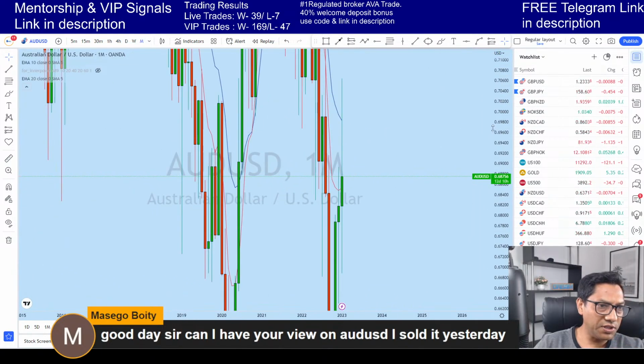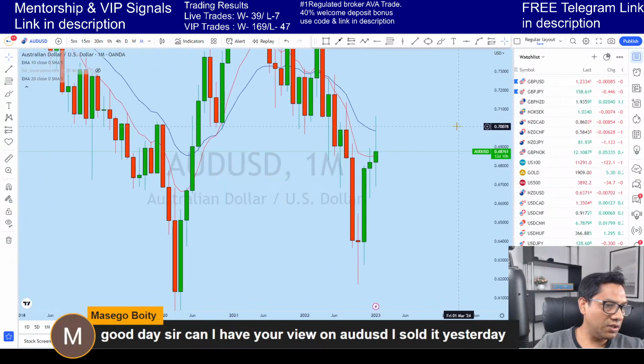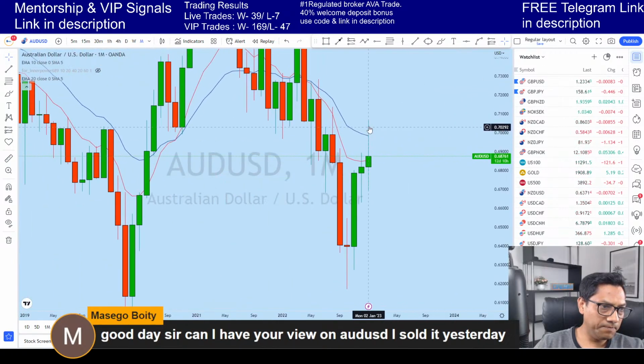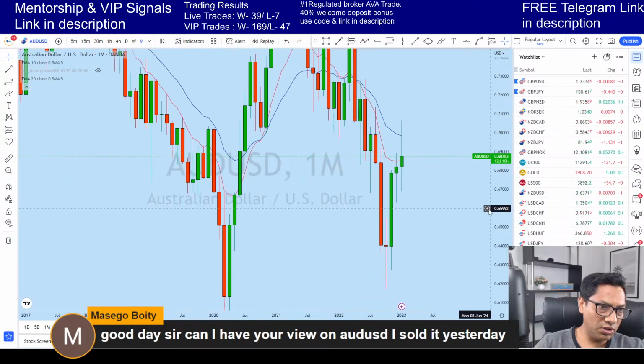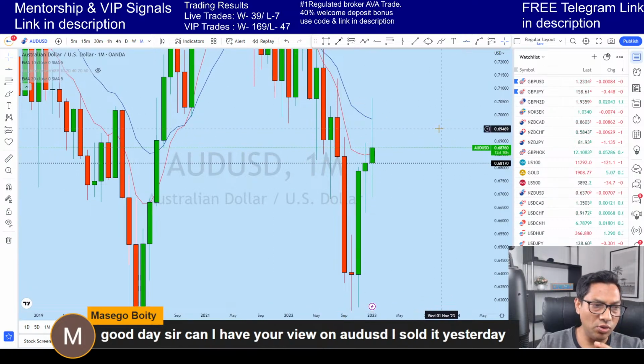Let's look at the bigger picture, monthly. Now this is the monthly price action. As you can see on AUD USD, after reaching this resistance level we have seen a very strong rejection, and because the price is dropping, highly likely this price will come back to this monthly level of opening and closing zone, which is a very important level.